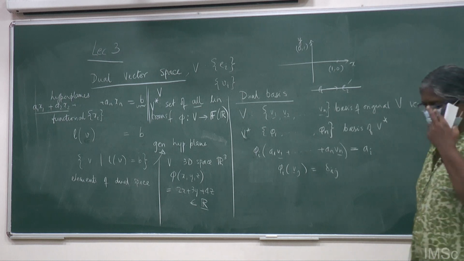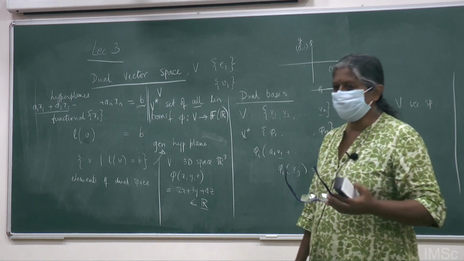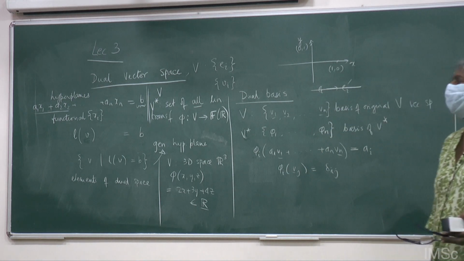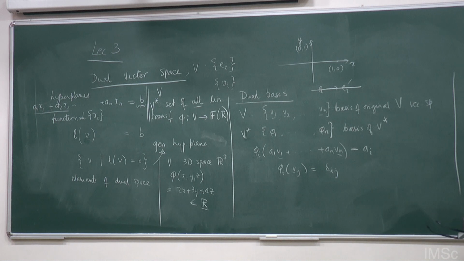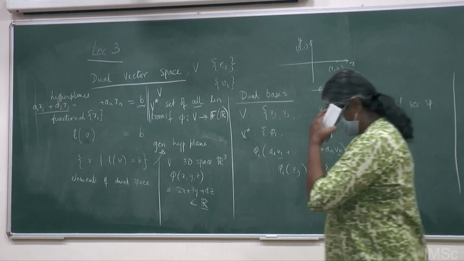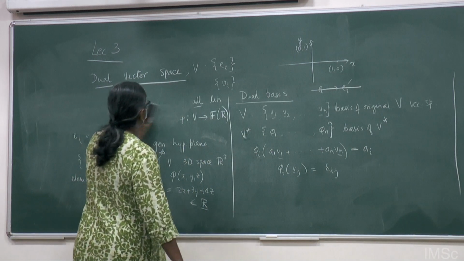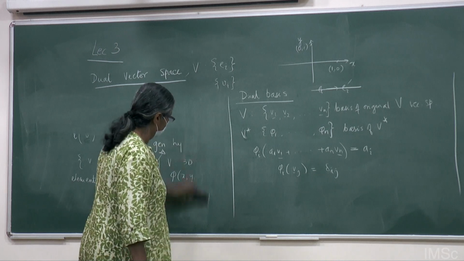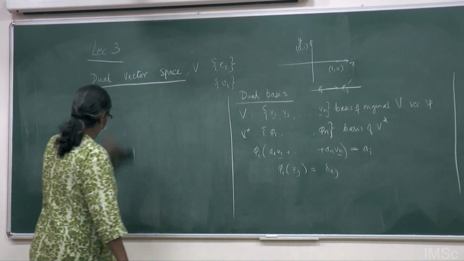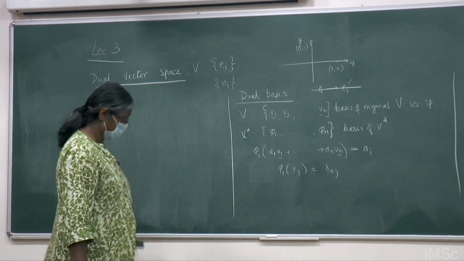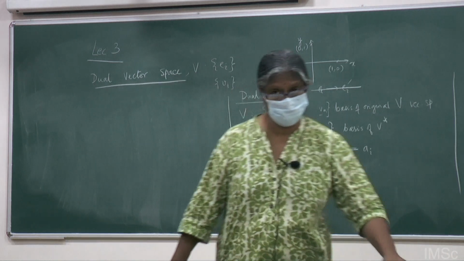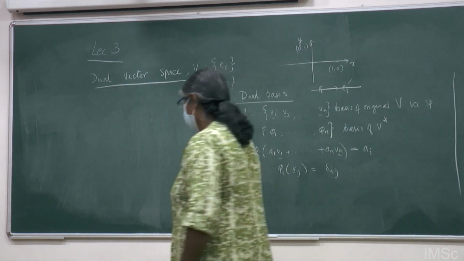Normally we think of ei as in real space, but I took this from a book which is generally talking about mathematics, and they think of vectors as V1, V2. It doesn't matter. So phi i are not numbers, they are functionals. Yes, exactly, that is the whole point. They are not numbers.